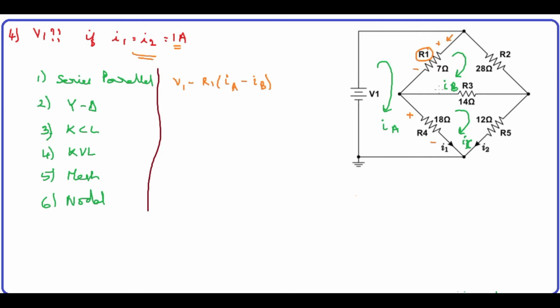Similarly, this is IB, so it is flowing in this way. So this is IB. As I am in loop 1, I feel that IA is more, so it should be IA. This is in opposite direction, so it should be minus IB.